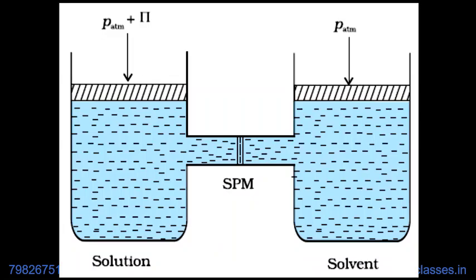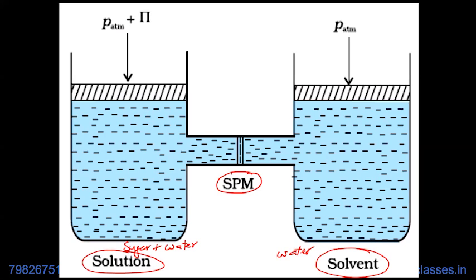So first we need to understand, when we talk about osmotic pressure, what is osmosis and what is osmotic pressure. We have this type of arrangement. On the right hand side here, we have pure solvent, say pure water. And here we have a solution, say sugar solution, sugar plus water. And in between, we have a semi-permeable membrane.